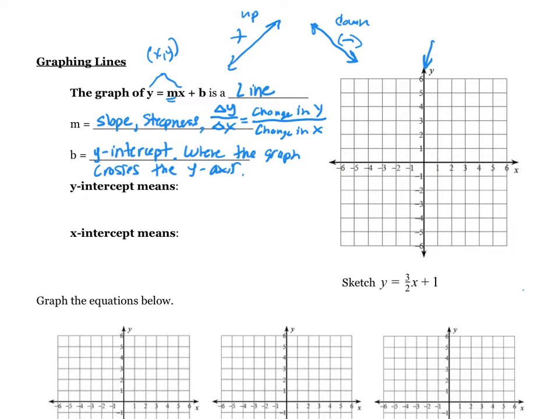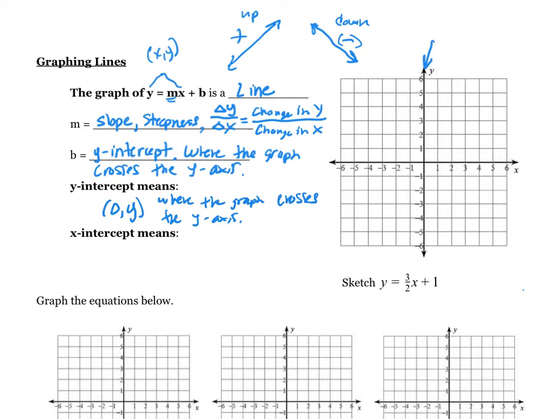So the y-intercept is when the x is 0, and you could say it's where the graph crosses the y-axis.